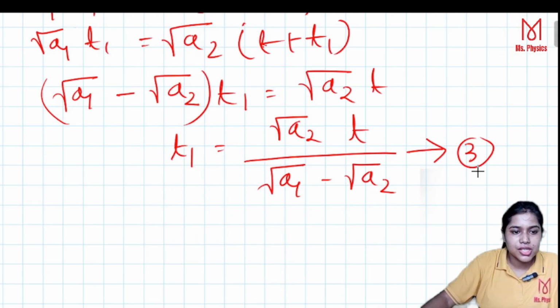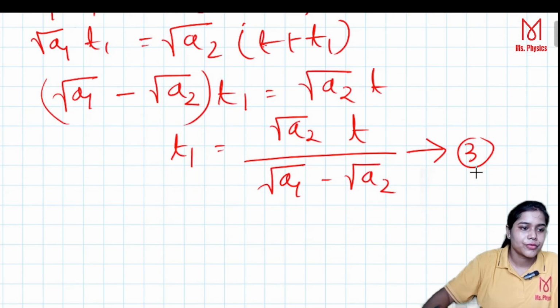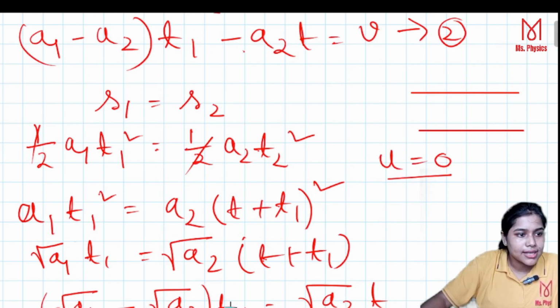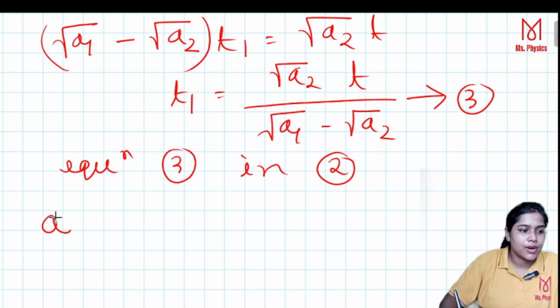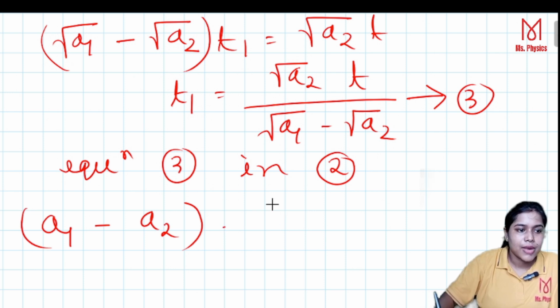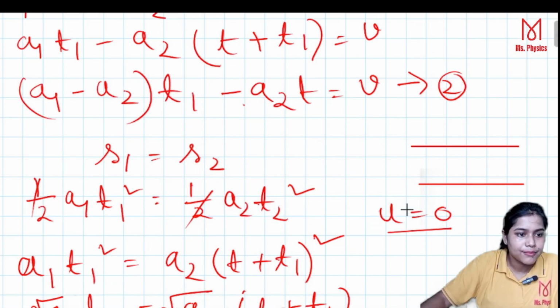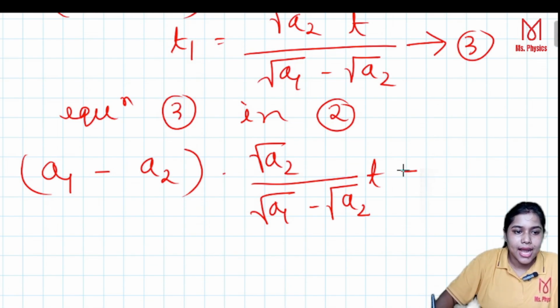Now you put equation number 3 in equation number 2. If you put it, then what you can get: a1 minus a2 multiplied with t1, which is under root a2 over under root a1 minus under root a2 times t, and after that minus a2 t is equal to v.